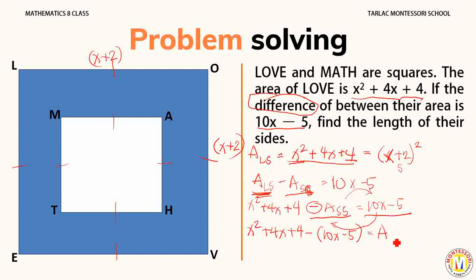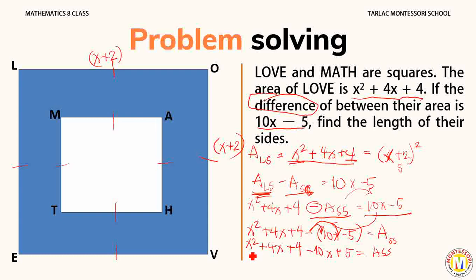And then we're going to evaluate this one. So x squared plus 4x plus 4, and then you have a negative symbol here. You'll distribute that to all of the terms inside the parentheses. This will become negative 10x plus 5 is equal to the area of the smaller square.